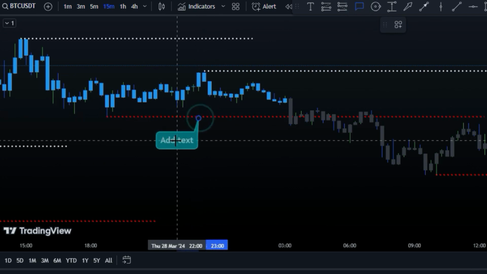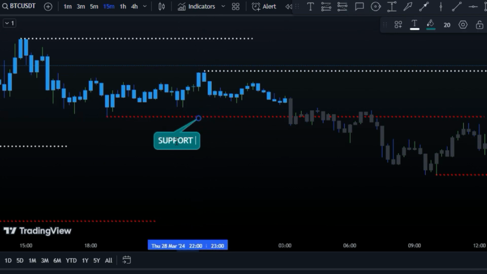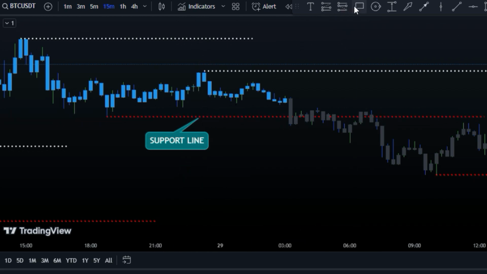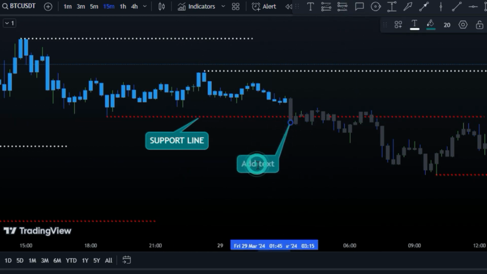Conversely, if the price candle dives below the red dots, it serves as a sell signal, indicating that the market has broken through its support level and could potentially continue in a downward trend.